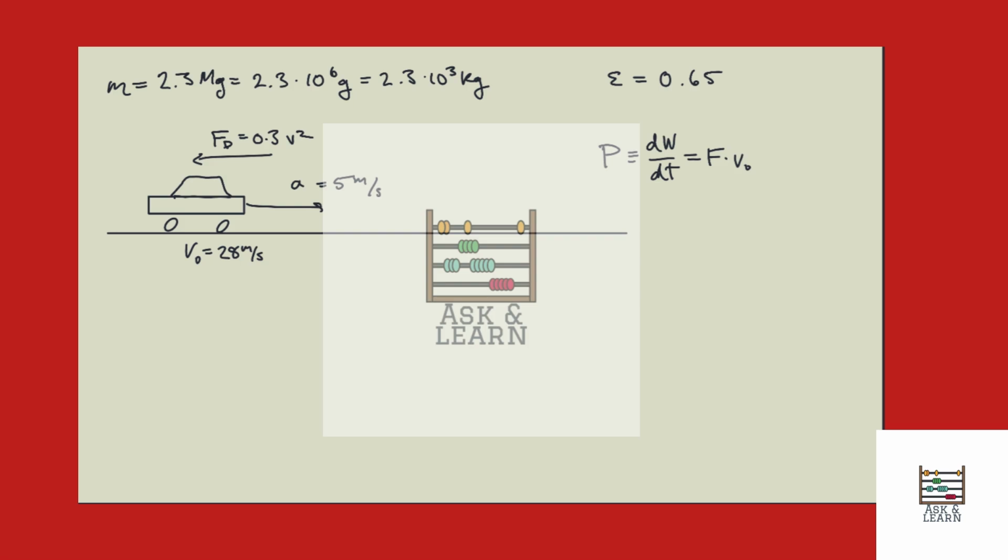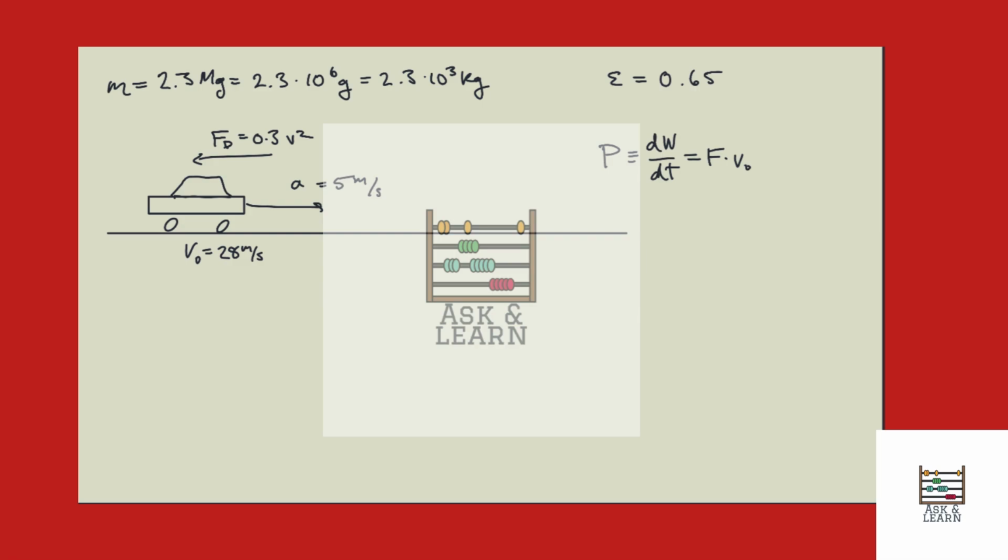But we're also told the mass, and we're told this acceleration here. So we are accelerating forward 5 meters per second squared, yet we are given a drag force backwards of 0.3 times v squared. So it's traveling at this speed, and we cause the car to accelerate. Drag resistance will be pushing back on the car at the same time that we're trying to accelerate.